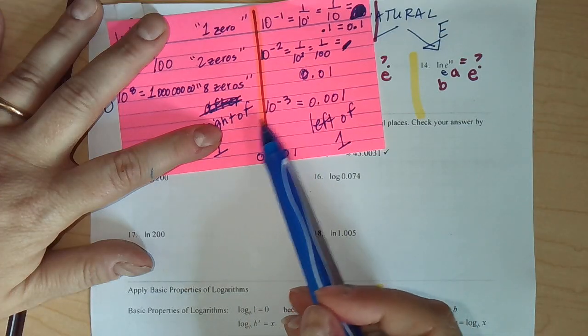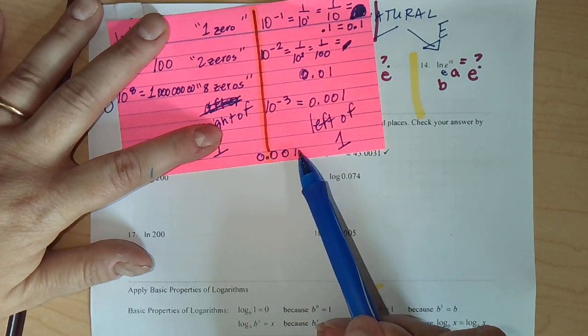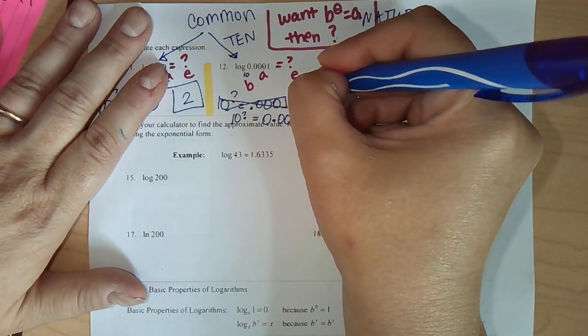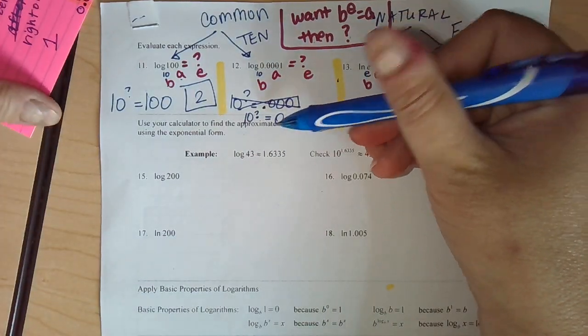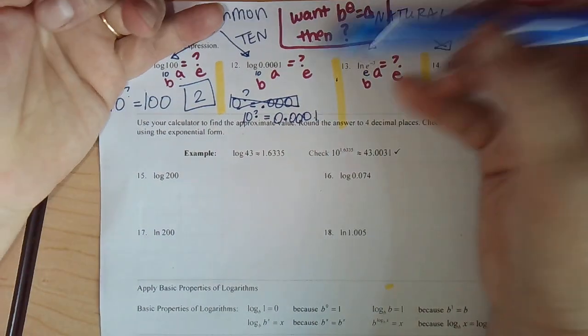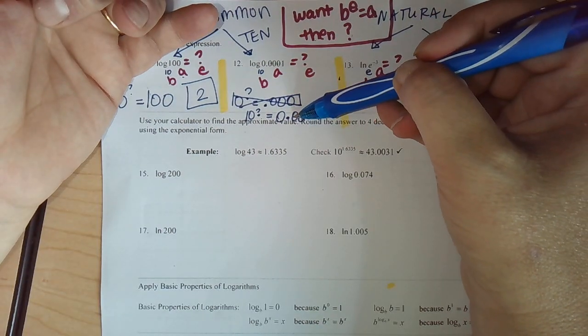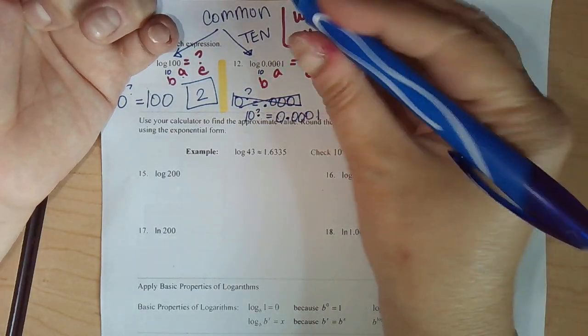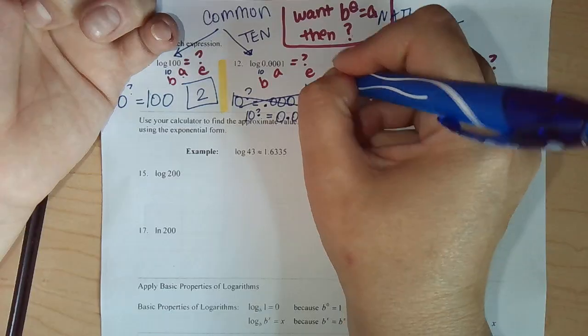Okay, well, if we have 10 to the 4, we're going to have 1 with 4 zeros to the left. And that's what we have, 1, 2, 3, 4. So that means this exponent has to be a negative 4.